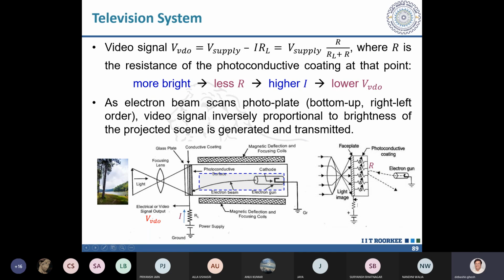I have schematically drawn R like this, but actually it is continuous. At the point where the electron beam strikes, the path through the photoconductive coating will offer some resistance, and then the circuit is complete.